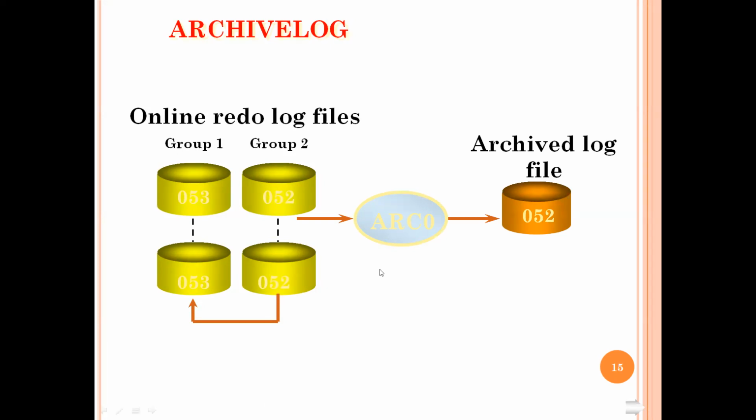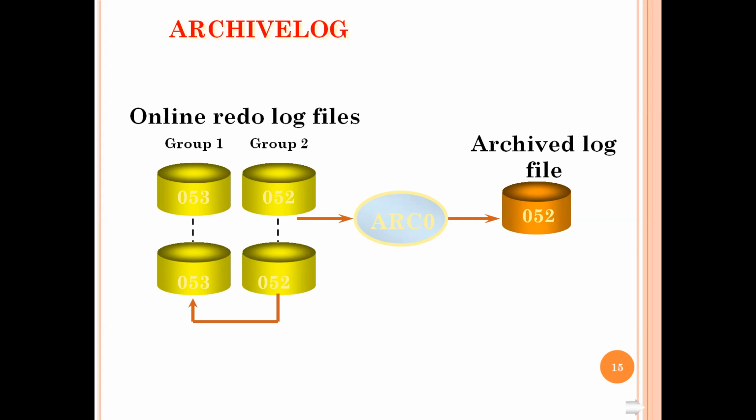Group 2 has sequence number 52, and after that the log writer started writing group 1 with sequence number 53. While the log writer is writing group 1, group 2 is being copied by a process called the archiver, creating archived log files. That is what happens in the back end when you enable archive log mode.